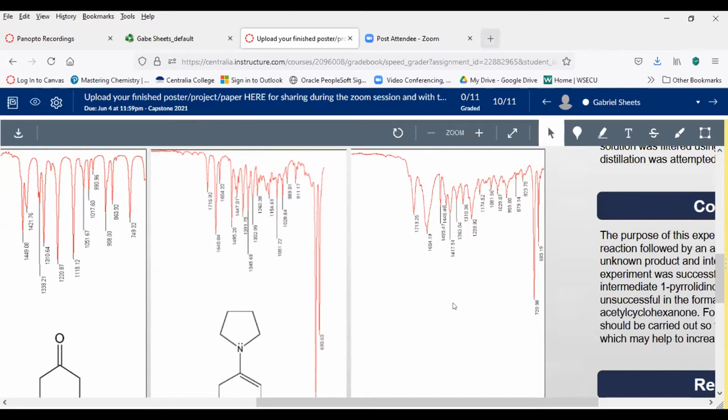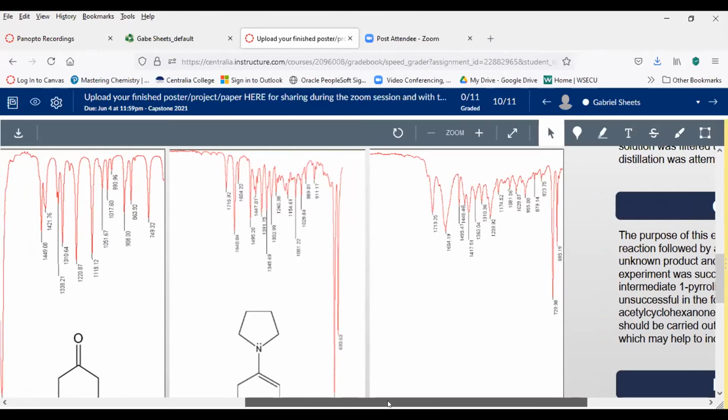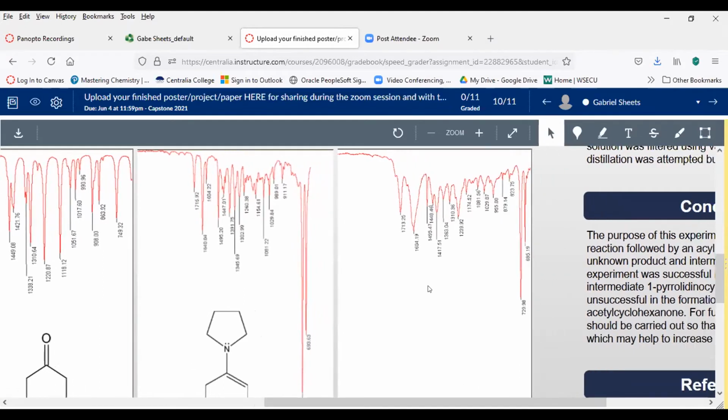Also, I think I can see an sp2, so like a C double bond C bond, on the small peak farthest to the left, I think that's what that would be. So I have a double bond C in that final product. So I think that's about what I think.